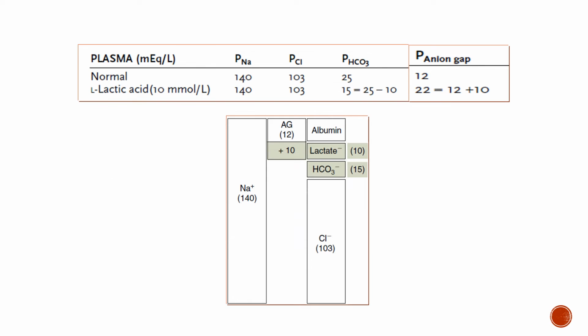Let's look at this example. It is a case of lactic acidosis. If we calculate the anion gap, it will be 140 minus 103 plus 15. It will be 22. So the anion gap is increased because there is a reduction in the bicarbonate by 10 due to accumulation of 10 millimoles of lactate, and the lactate does not enter the equation, so we will have an increase in the anion gap.